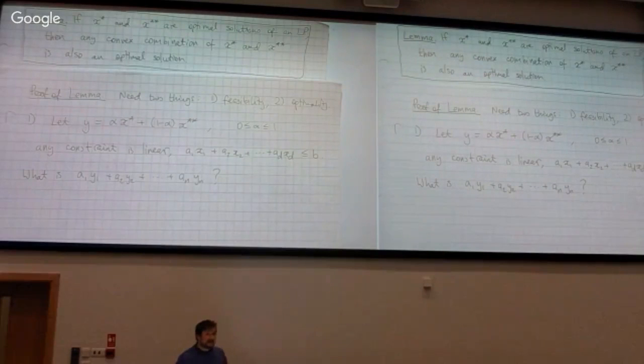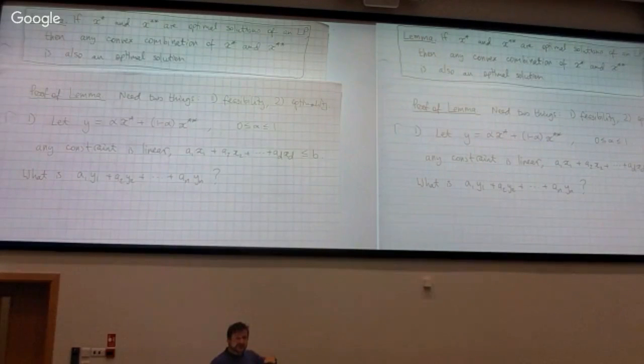Now y1, y2, y3 are the components of the vector y. This comes from multiplying vectors by scalars: you do it entry by entry, and then you add them entry by entry as well.